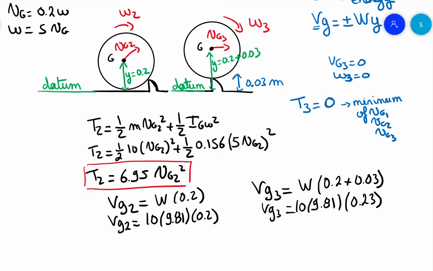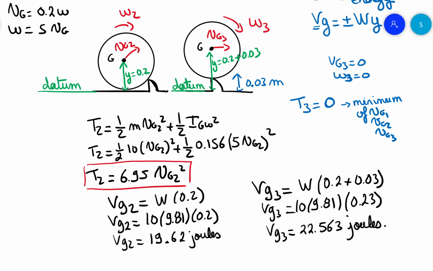So 10 times 9.81 times 0.2 is 19.62 joules. And 10 times 9.81 times 0.23, that's Vg3, is equal to 22.563 joules.